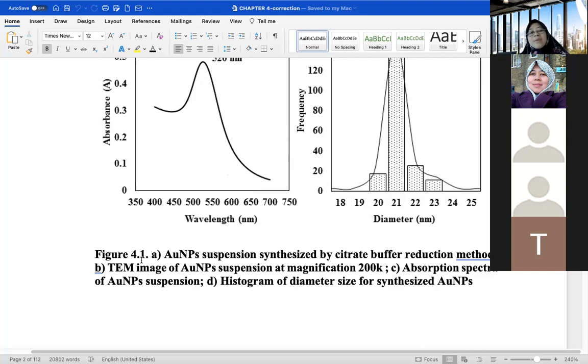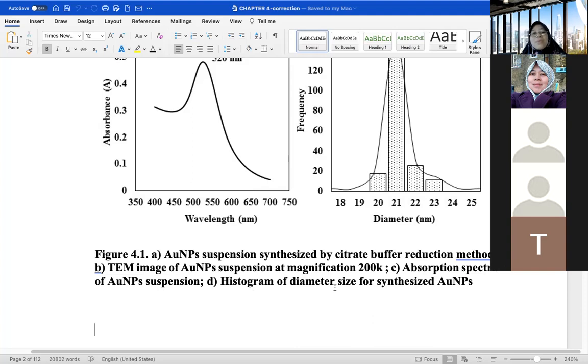For example, here, A, gold nanoparticle suspension synthesized, talking about the photo just now. Then B, TEM image of gold nanoparticle suspension at magnification 200K, kilovolt usually. Then C is the absorption of the gold nanoparticles, and then the histogram. So the caption has to be very detailed.